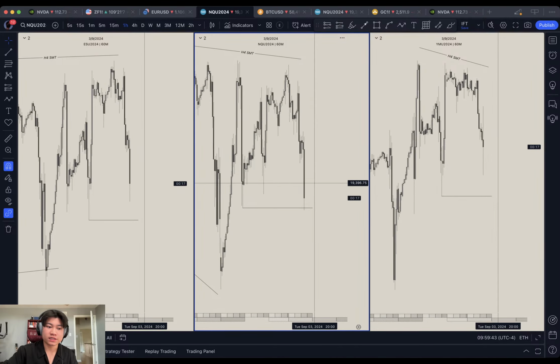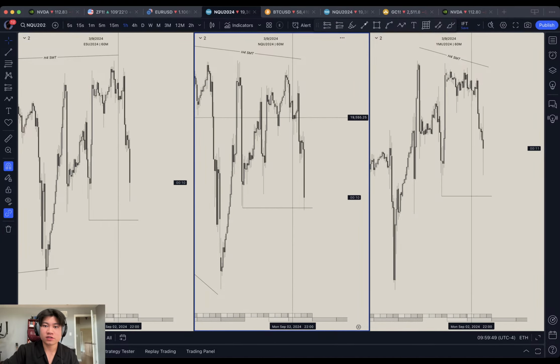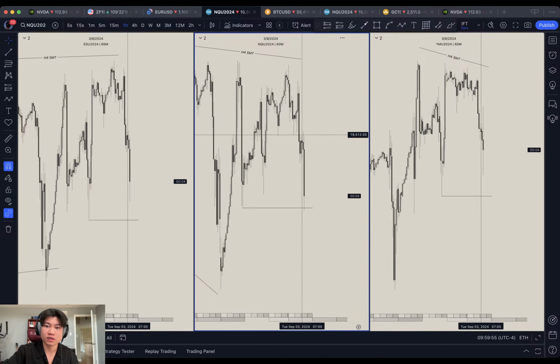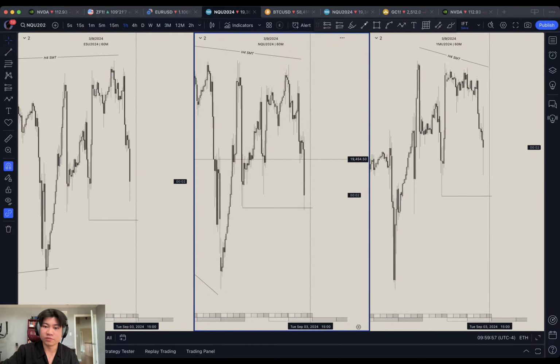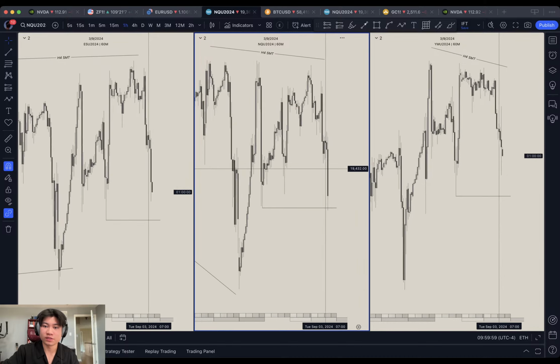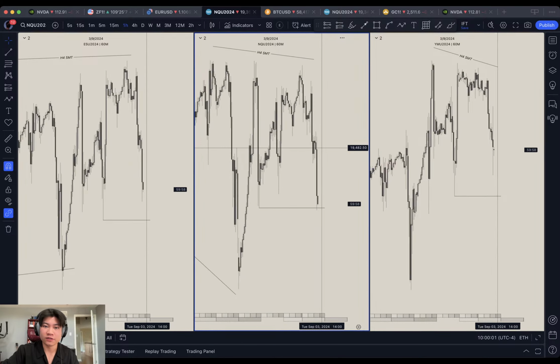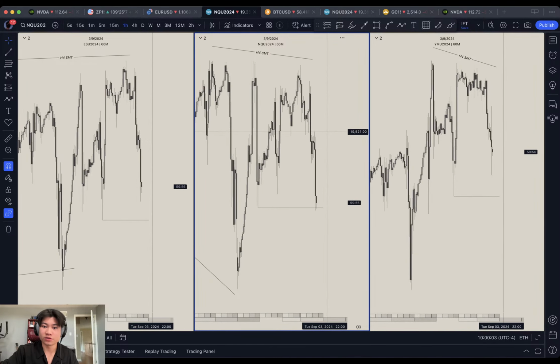That's why I'm just using these filters that I normally have in my plan, and it's a process of elimination. I saw that in London we had an expansion. We failed to create my model here. We're already below true day open, so there's no opportunity for me to enter. I'm completely fine with missing this trade because I know that later in the week we're probably going to have an even better setup.